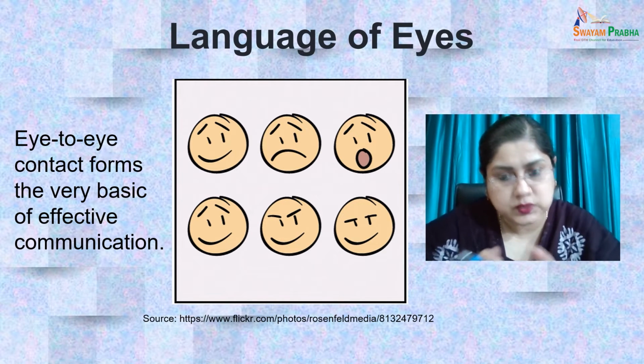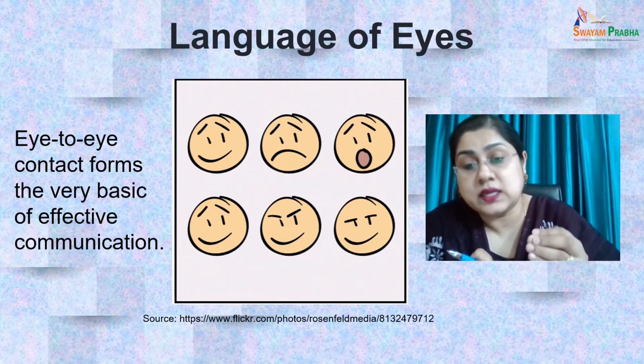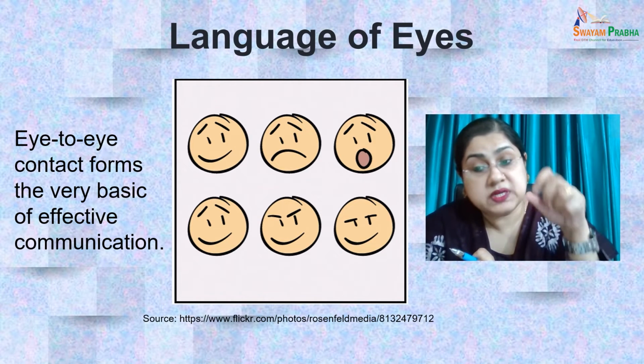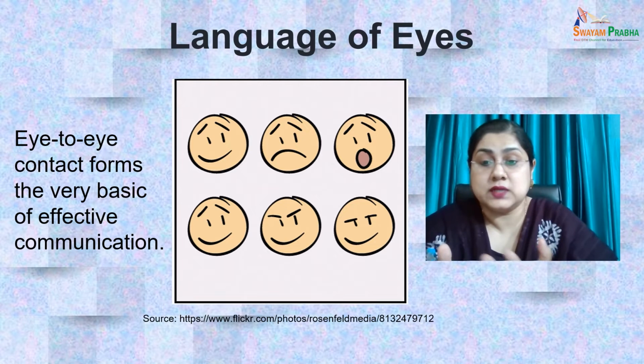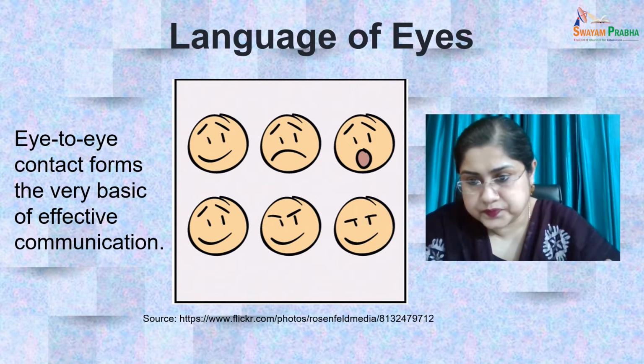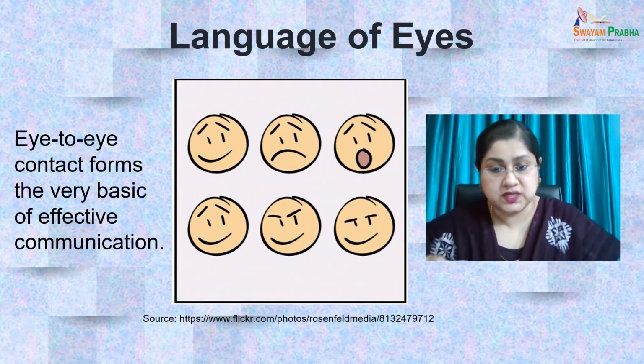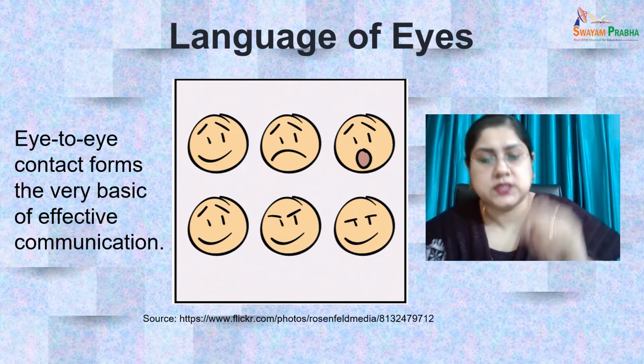So in classroom communication, the necessary interaction links between the teacher and the students are mostly maintained through eye language. The eye movements of the teacher may encourage or discourage a student.